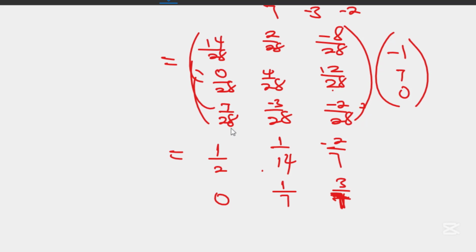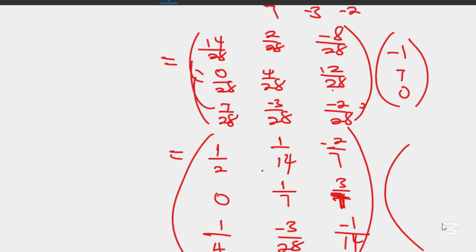Then here, negative 3 on 28 we have to maintain it, because there is no factor that can divide both numerator and denominator. Then negative 2 on 28 gives negative 1 on 14.